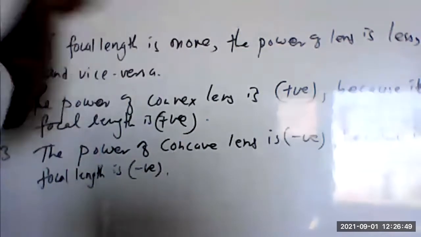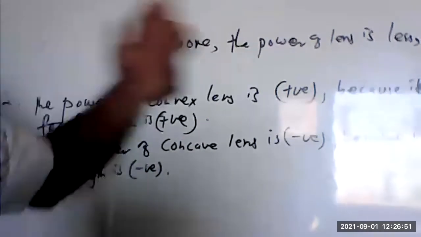Finished. Then there is one example. Read that question, numerical. Read everyone. An example: a person uses a convex lens of focal length 10 centimeter in her spectacle.